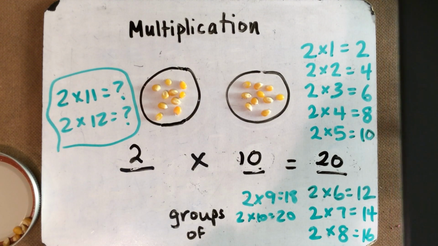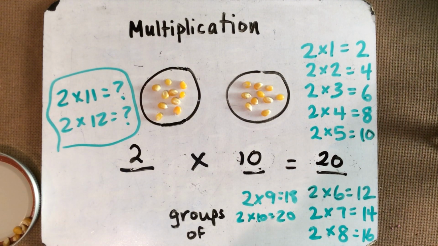Two times 2 makes 4. 2 times 3 is 6. And 2 times 4 is 8. You're doing great. Twice as much. 2 times 5 is 10. 2 times 6 makes 12. 2 times 7 is 14. And 2 times 8 makes a sweet 16.